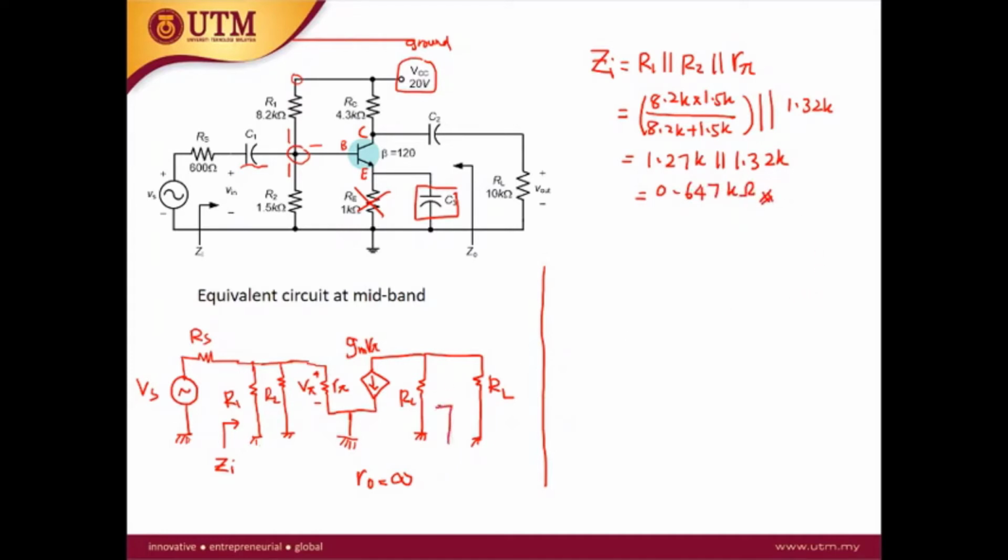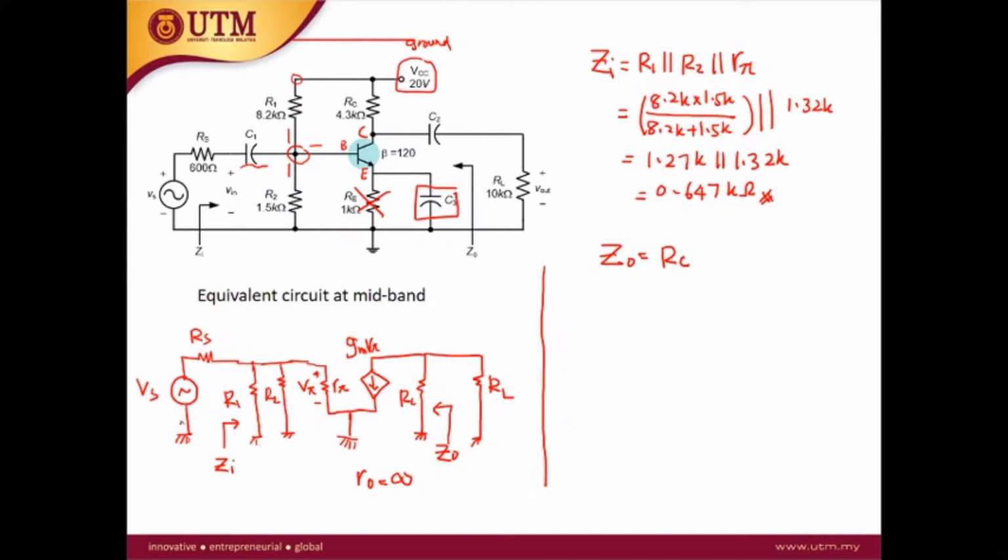For the Z out, you will see only RC. So Z out is simply equal to RC. Again, please be reminded that for the Z out calculation, we assume Vs equal to 0.